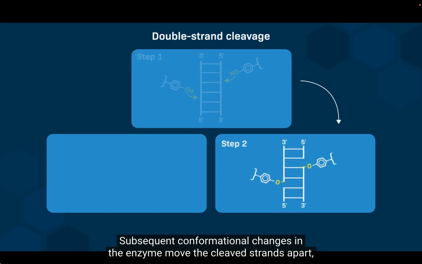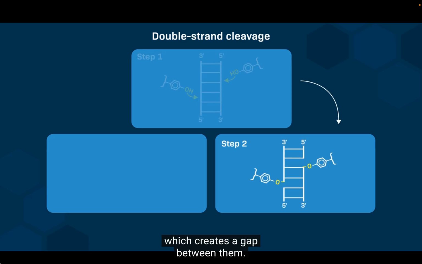Subsequent conformational changes in the enzyme move the cleaved strands apart, which creates a gap between them. ATP hydrolysis is responsible for these conformational changes in topoisomerase II.